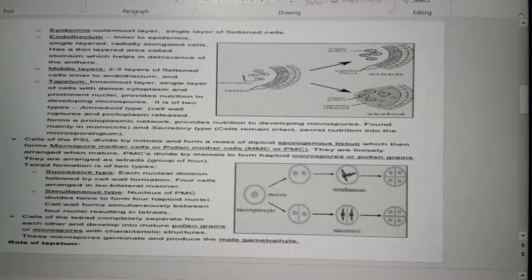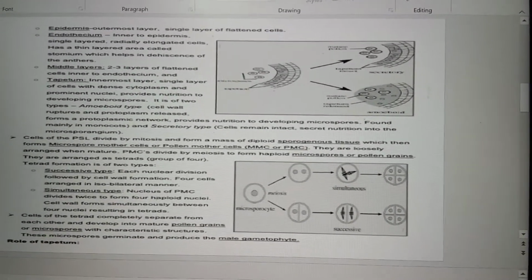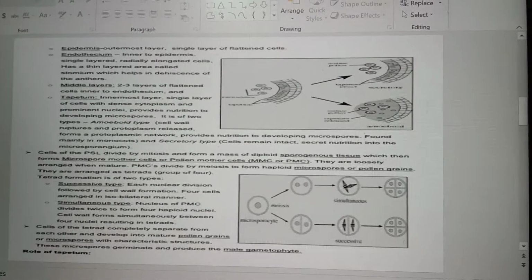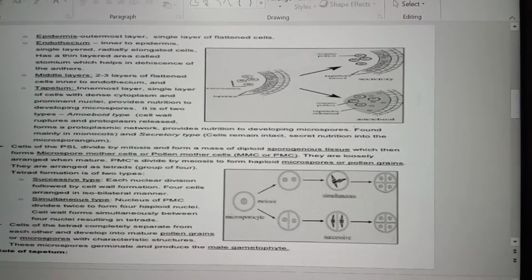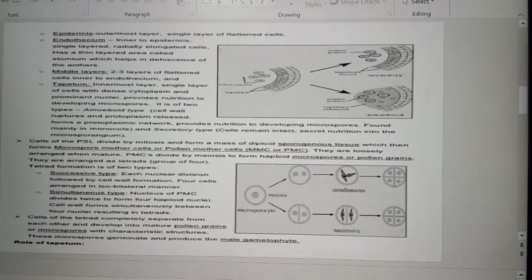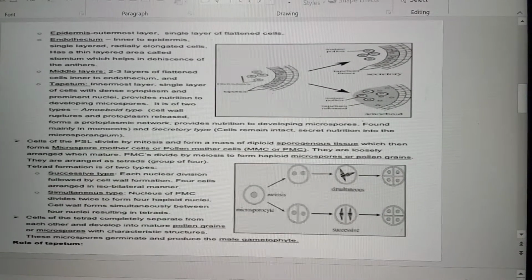So they are produced in a group of 4. Each MMC will undergo meiosis and lead to the formation of 4 cells. So 4 cells are formed. They are the tetrads. A tetrad is formed.